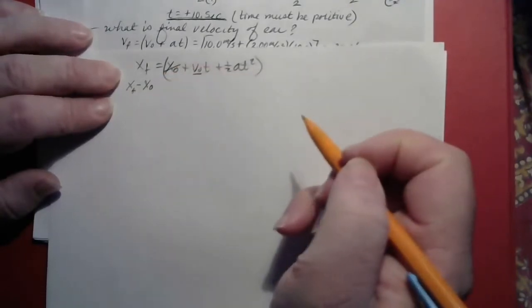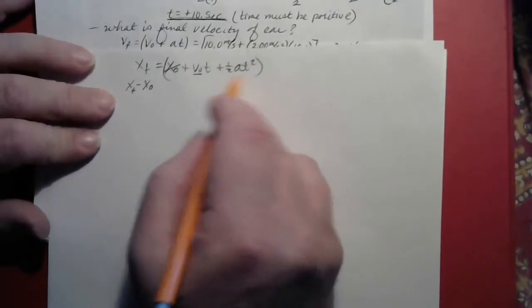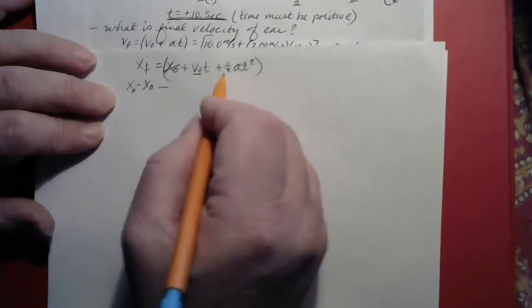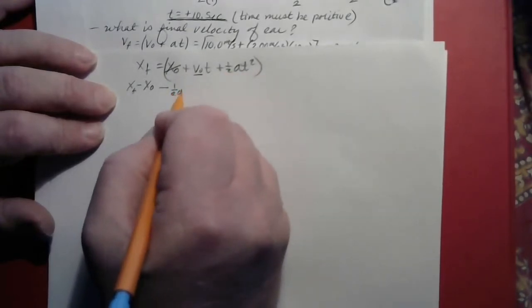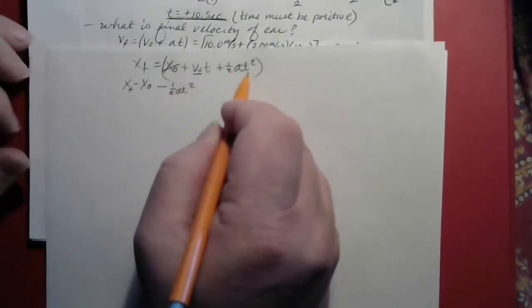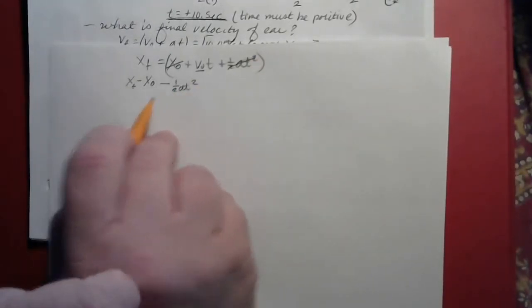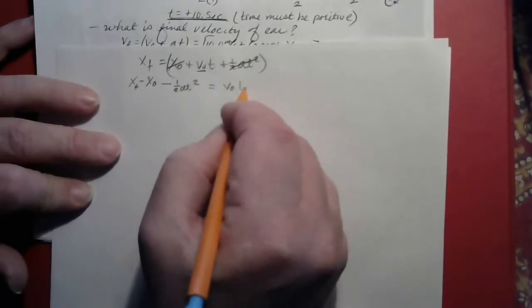That'll get rid of this. You can also get rid of this by subtracting it from both sides. So minus 1/2 at squared. Subtracting this 1/2 at squared from the right-hand side cancels it out, but you end up with it subtracted on the left-hand side. And that is equal to v original times t.